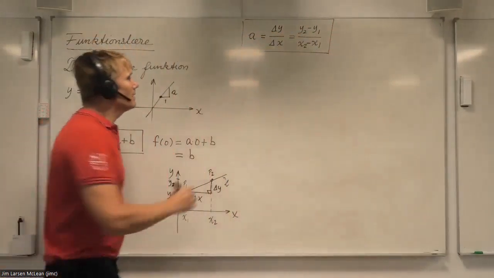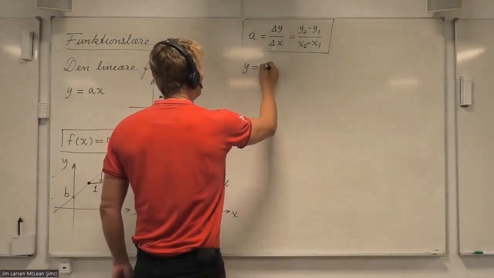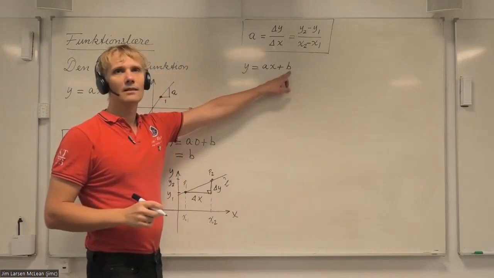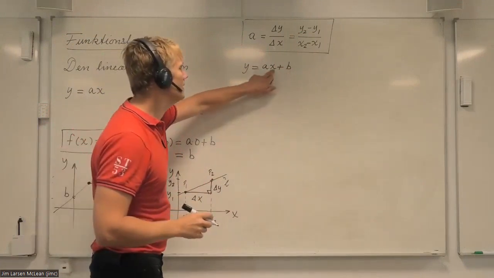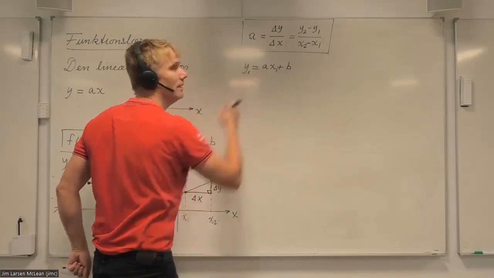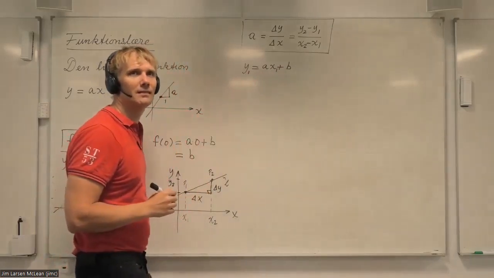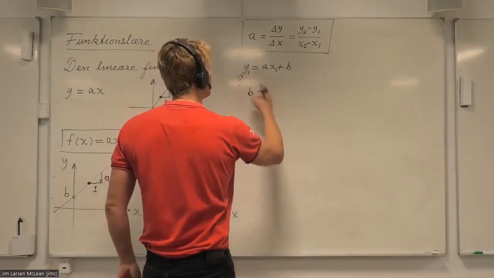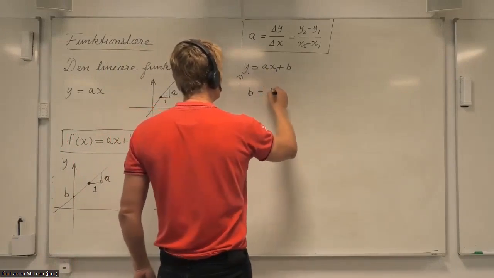And you know that y equals ax plus b. So how do you find b? Well, you know that if you insert x1, it should give you y1. So you can just put a 1 there and there and isolate b. And then we're done. So b can be found like this: y1 minus a times x1.